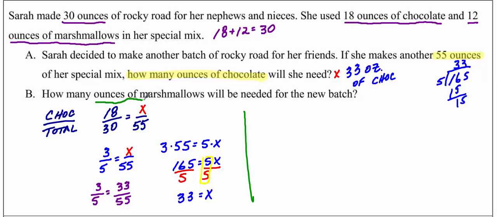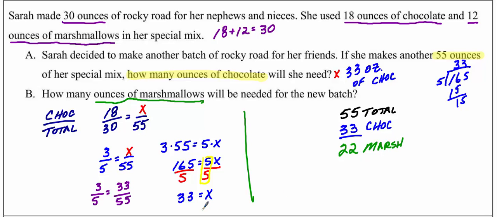Now, to get the amount of marshmallows, how many ounces of marshmallows will she need? Well, we know that 55 ounces of this, that's the new total, we know that of that 55 ounces, 33 ounces were chocolate, so that leaves us 22 ounces of marshmallows.